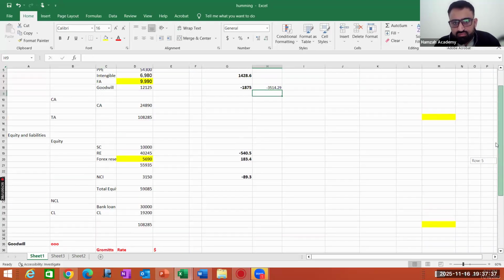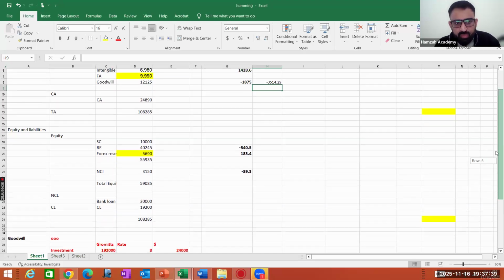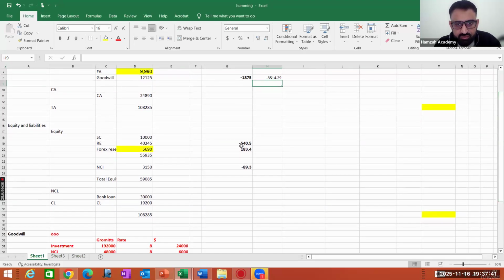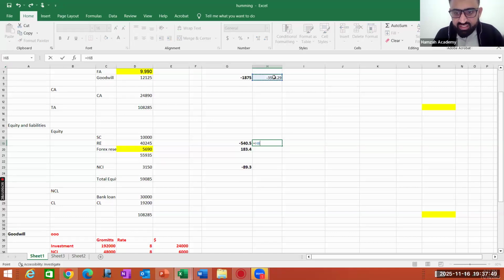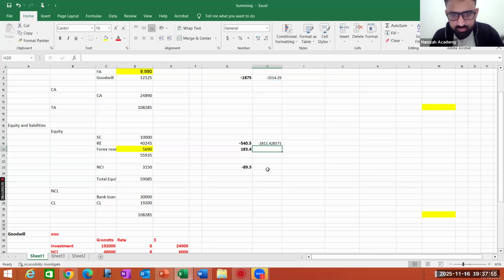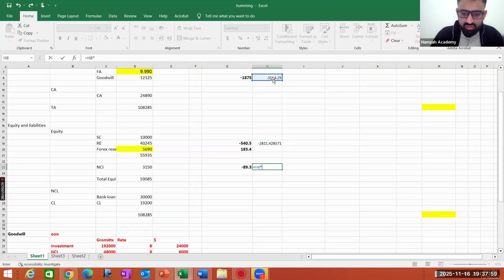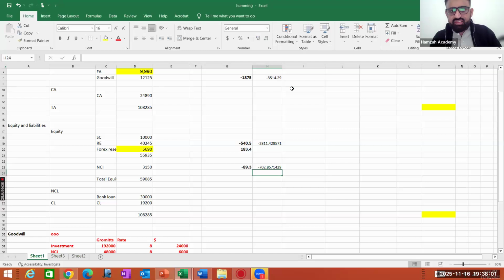So the goodwill will be credited, and this will be distributed between group and NCI. 80% will be recorded in the group and 20% will be given to NCI.